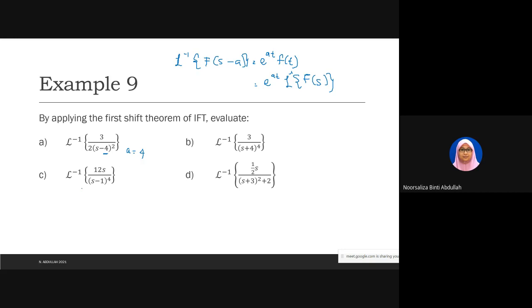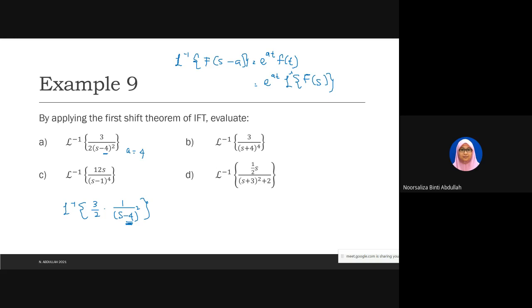So this one is actually inverse 3 over 2 times 1 over (s minus 4) kuasa 2. If you want to use the shift theorem, your a is 4 here.